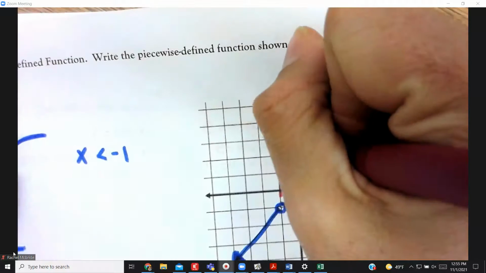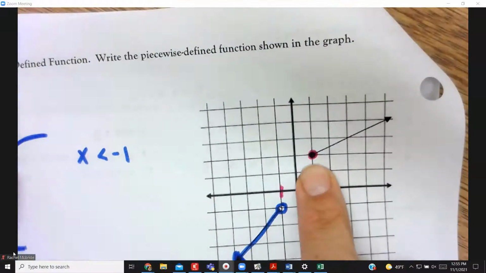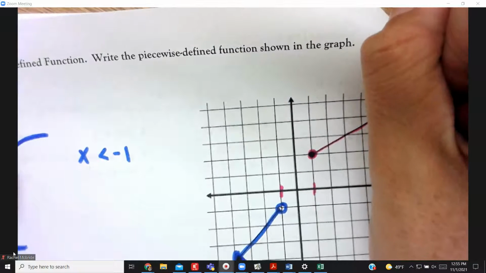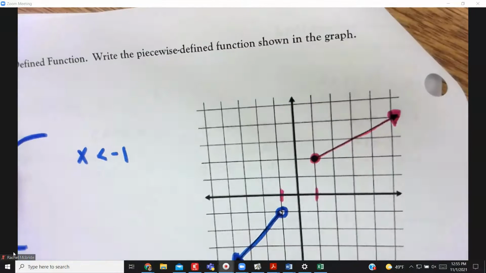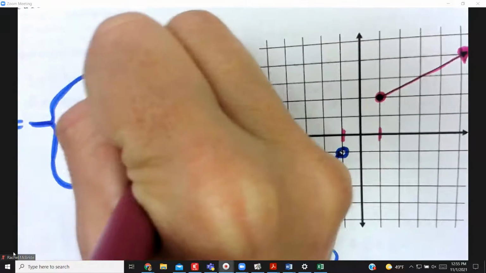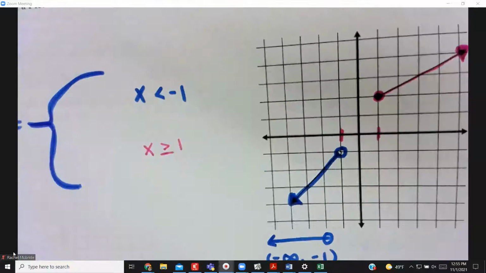The other graph starts at +1 with a closed circle and then continues to infinity. So its equations are going to fall into x greater than or equal to 1.